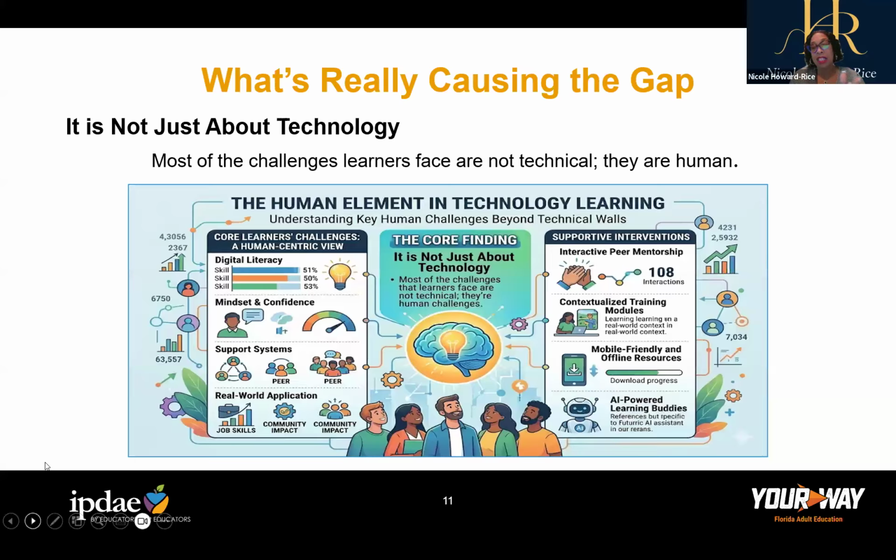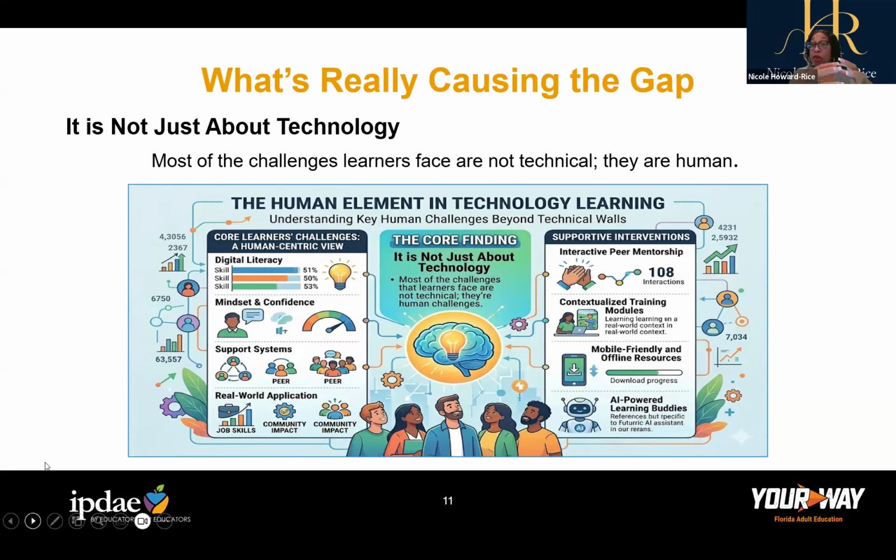We face so many challenges as humans, and we're expected to be able to stand and deliver in the midst of, in spite of. We deal with things that shift our mindset, that impact our confidence well before we enter anybody's classroom. We deal with support systems that are inconsistent or sometimes absent.